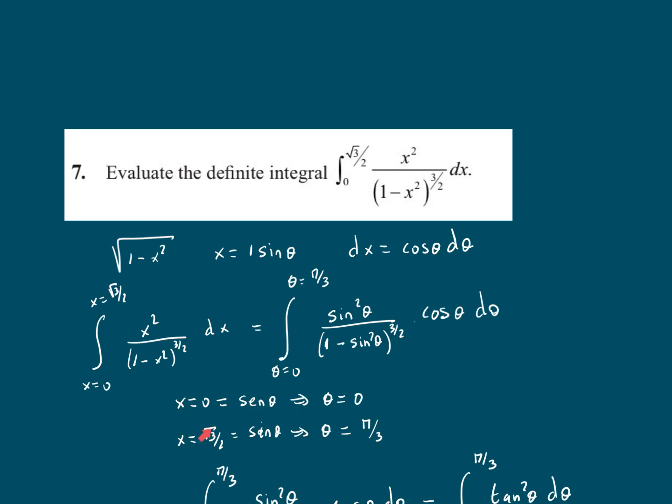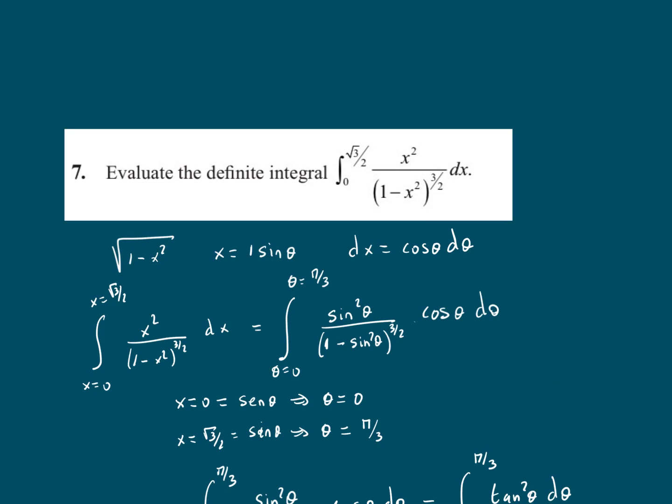When x equals square root of 3 divided by 2, sine of theta is square root of 3 divided by 2, so theta is 60 degrees, which is pi divided by 3. So the integral now changes from x equals 0 to x equals square root of 3 divided by 2, to theta equals 0 to pi divided by 3.